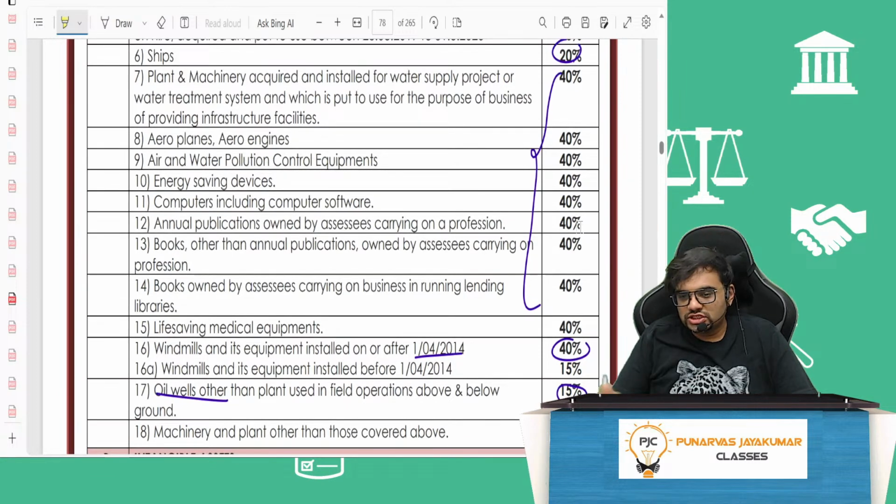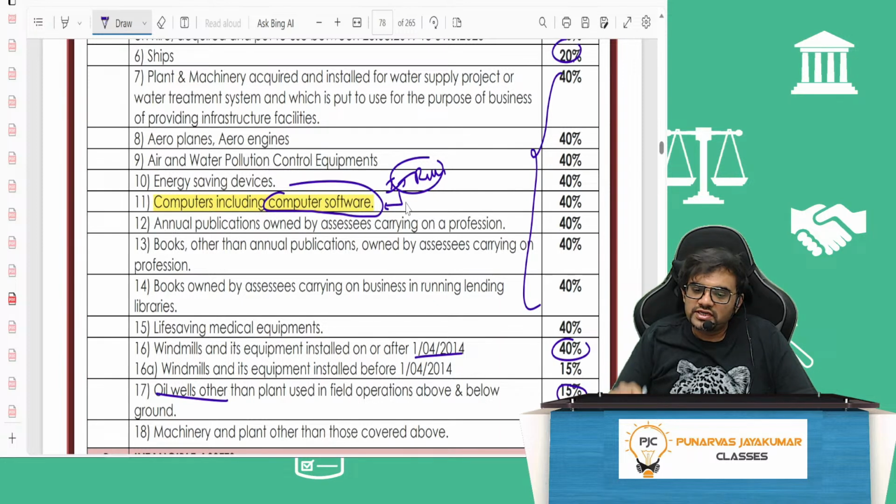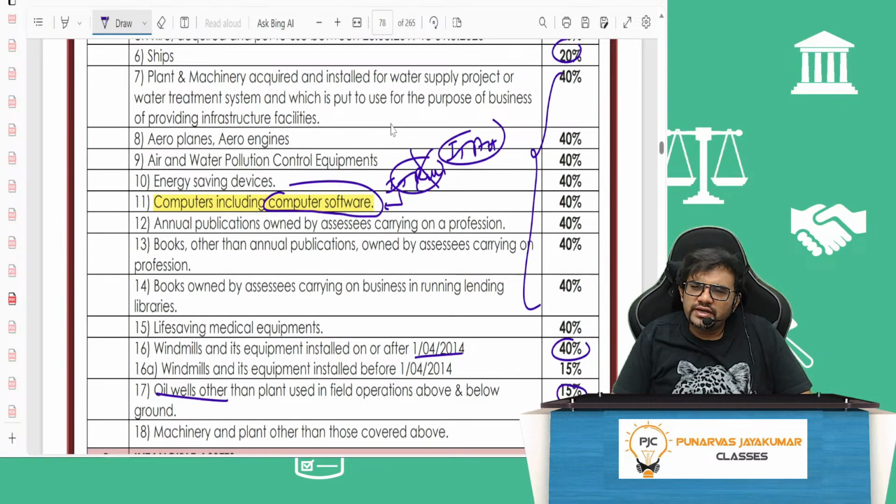One interesting change, computer including computer software. Income tax rules state computer software is also an asset which has to be debited to the P&L account. Right? Computers including computer software, Income tax rules. But guys, the Income Tax Act in the year 2021 changed the definition, or rather added one thing, that computer software is not an asset.